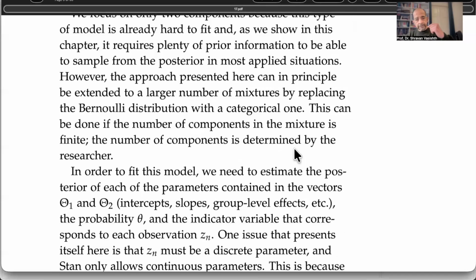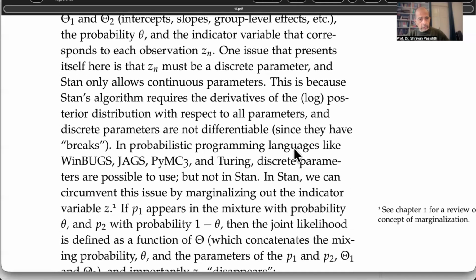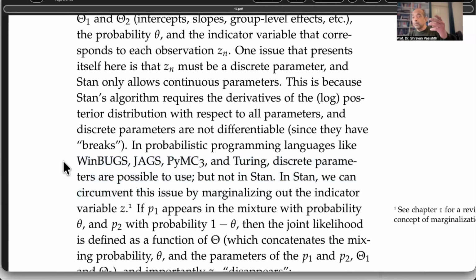But you can easily find code in JAGS in particular or WinBUGS, PyMC3 also, and Turing, where they illustrate how you can get posteriors on discrete parameters.